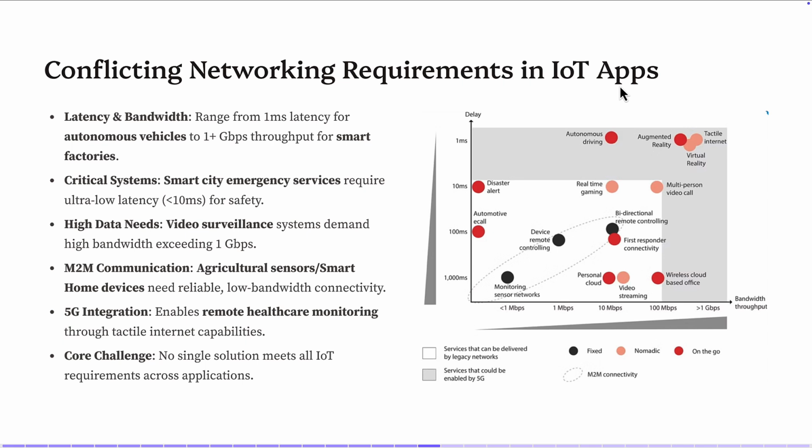And you have different type of application, fixed application, like you have fixed sensors, they don't move, they are static, or nomadic, like self-driving cars, or like video streaming, real-time gaming. They can come sometimes and being on and off, and you have also on-the-go type of applications.